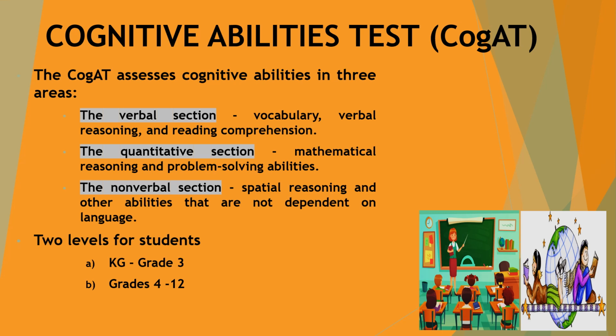During the test, the child performs exceptionally well on the quantitative and non-verbal reasoning sections, but struggles a bit with the verbal section. Based on these results, the parent can conclude that a gifted program which focuses on critical thinking and problem solving might be a better fit for the child than a traditional program.